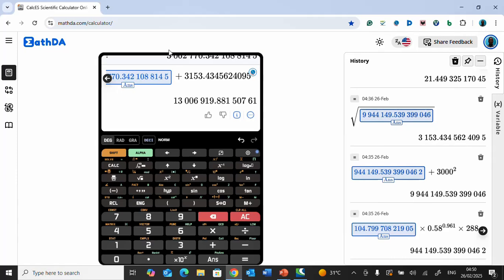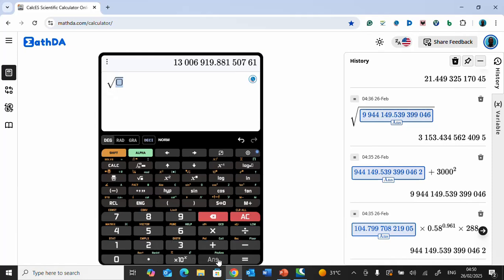The next thing we're going to do, we take the square root of the answer, which is this final answer. So we have 3606. Let's write it down.